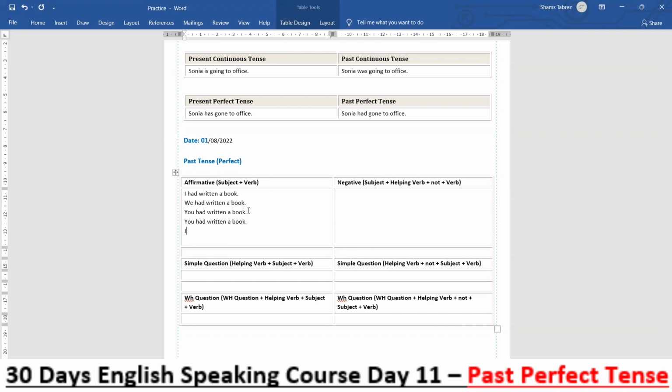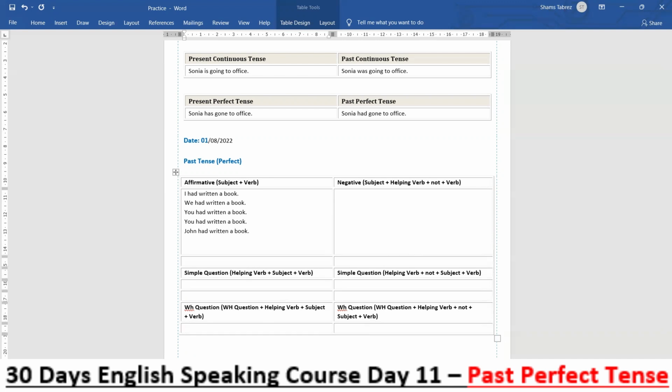John and Sonia had written a book. First of all, third person singular. John had written a book. Sonia had written a book.